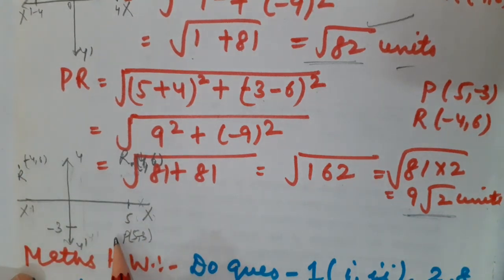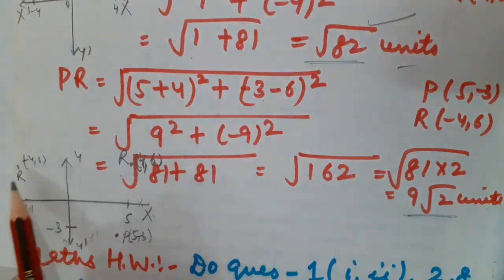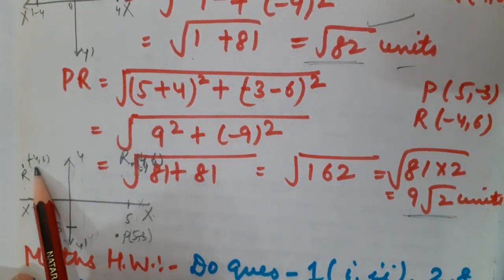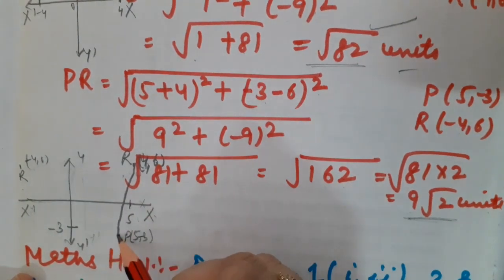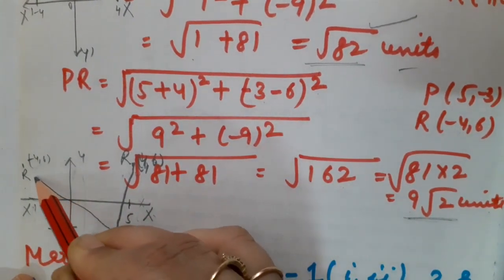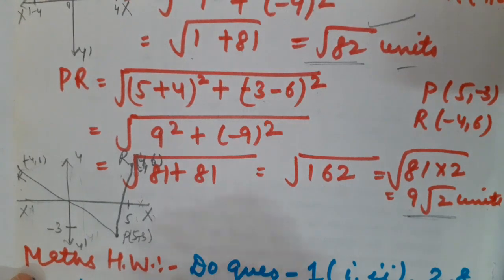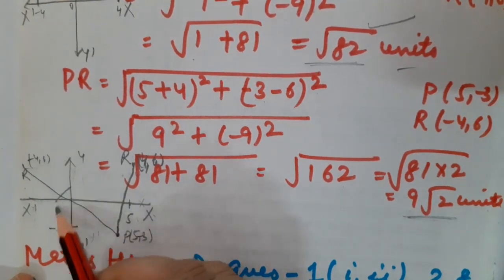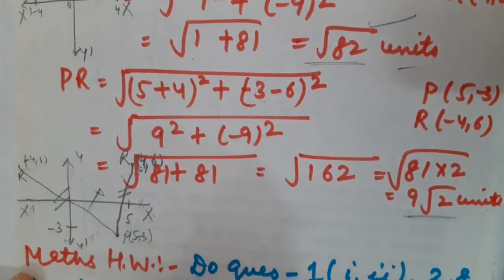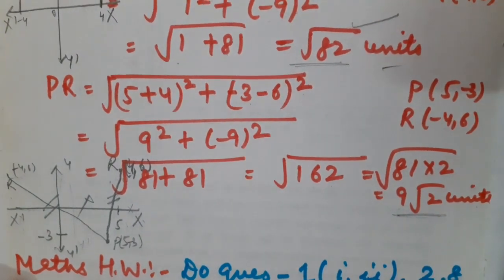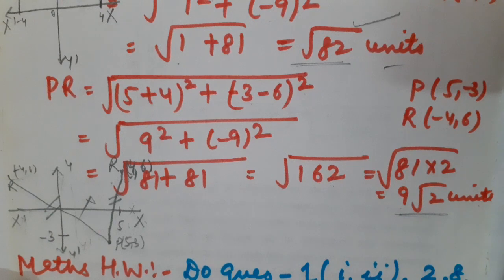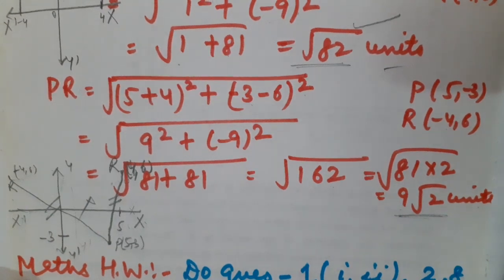I have to take the distance of this point P from R as well as from this R, whose coordinates are minus 4, 6. Just have a look. One distance is this and another one is this. So definitely this distance is not equal to this. They are not equal. Fine, students. So that's why we will be getting different distances. Hope you may not be having any kind of doubt now related to the distances.